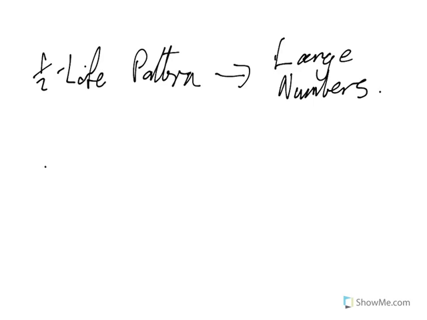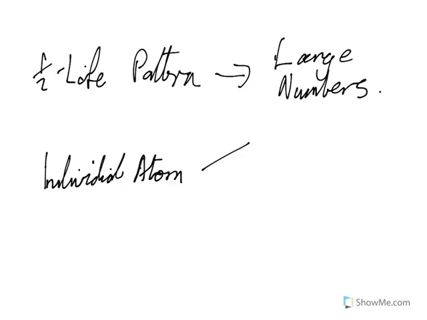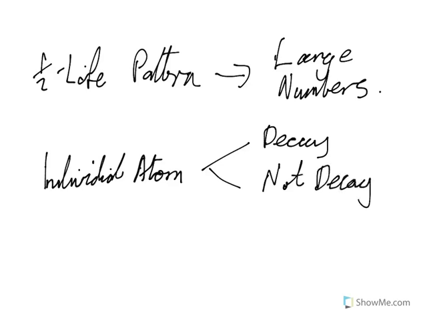An individual atom has 2 options: it can either decay or not decay. So if you have billions and billions of them, some are going to decay, some are not going to decay, and you get that pattern.